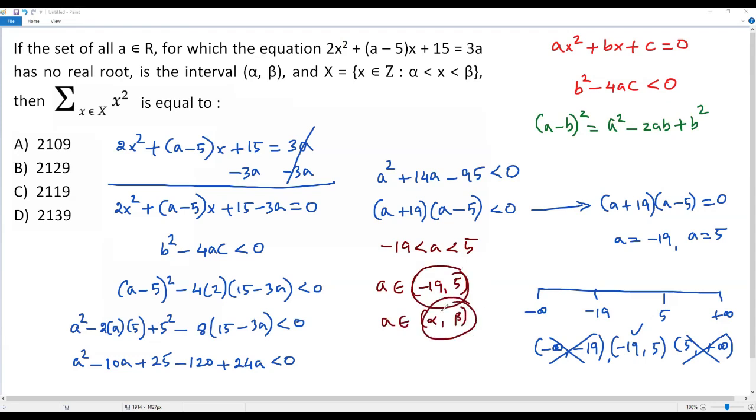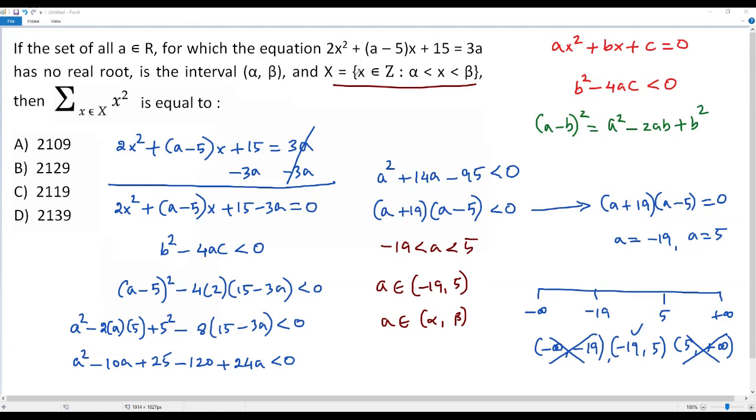So comparing this and this, we got the value of alpha as negative 19 and the value of beta as 5. Since we got the values of alpha and beta, we can write them over here in this set, and we can define the elements of this set.